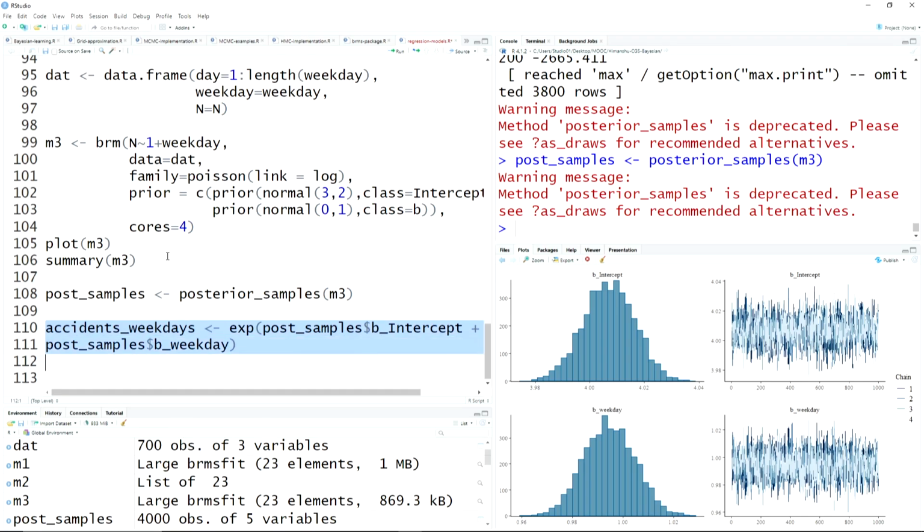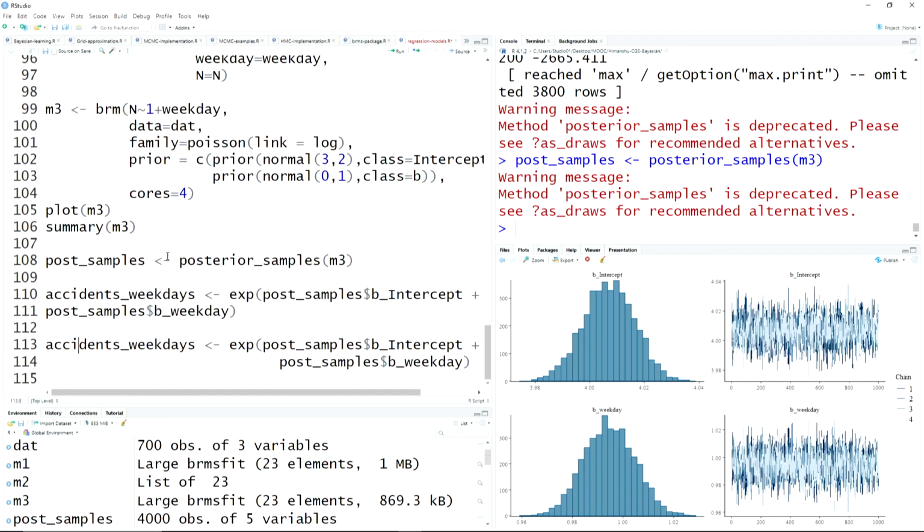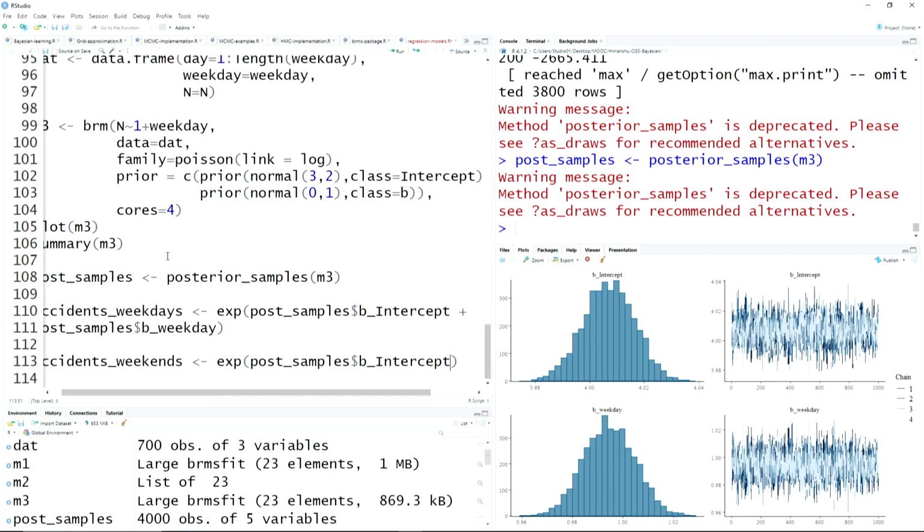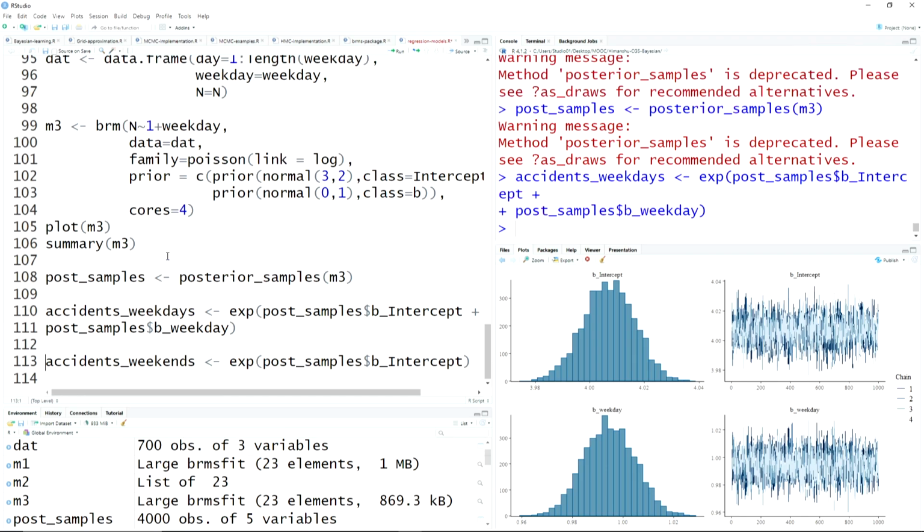And what will be the value of lambda during weekends? The actual number of road accidents, or basically the actual rate of road accidents during weekends, will be the exponent of alpha plus beta times 0, because during weekends the value of the predictor weekday is 0. So it is just the exponent of alpha.